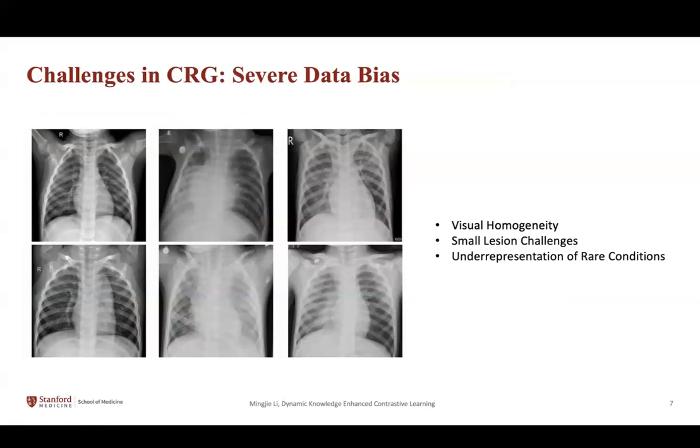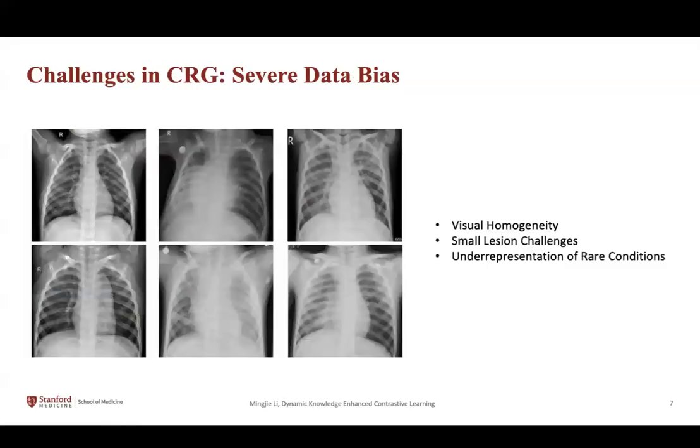The first challenge in CRG is the most significant, being severe visual data bias. Firstly, there is visual homogeneity, because in chest radiographs, human tissues often appear similar with minor variations. This results in a dataset where images have a high degree of visual similarity.